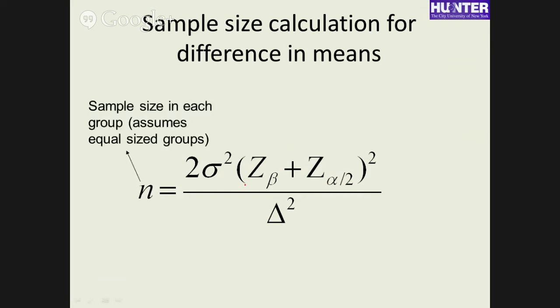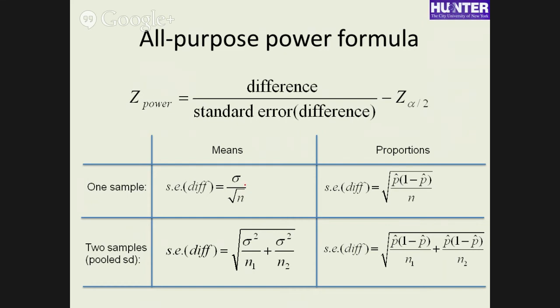Wait, so Z beta is calculated from that Z power equation, right? Can you go back? That one? It's the first part of the equation, the difference over standard error of difference.